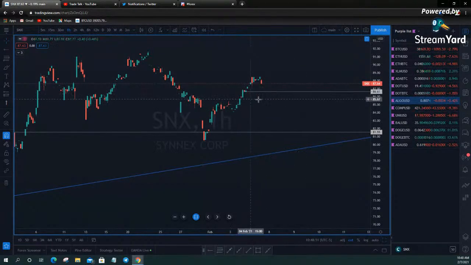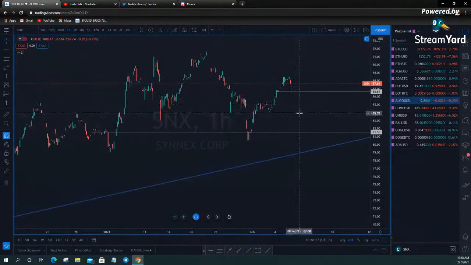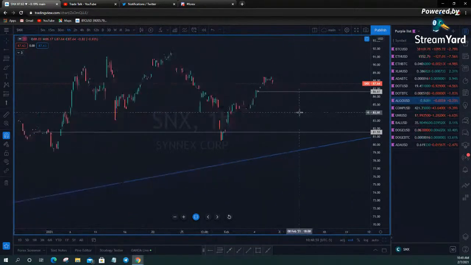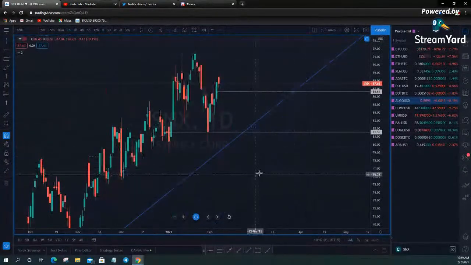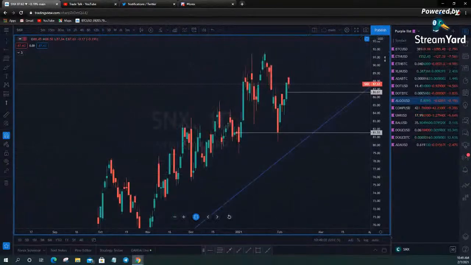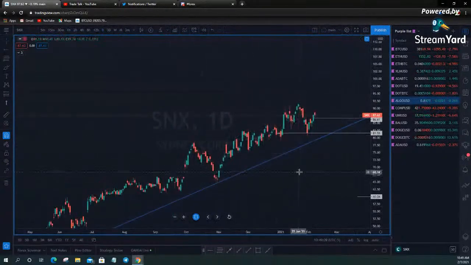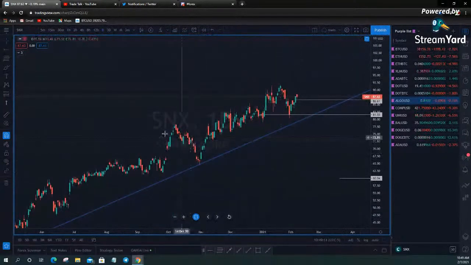And then just right below, anywhere in the $84 to the $86 range would possibly be a good area to add a few shares, if you're bullish on this overall. I am very bullish on this overall. It's moving higher. That's what you want out of long-term market holds if you're looking to buy and hold it, obviously.